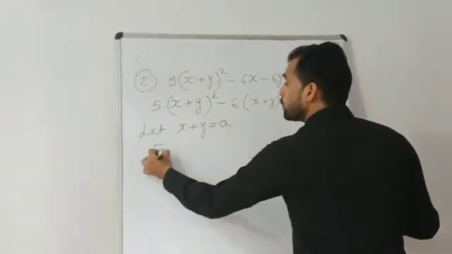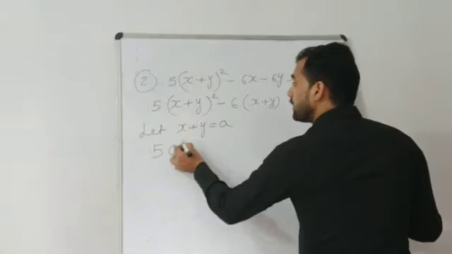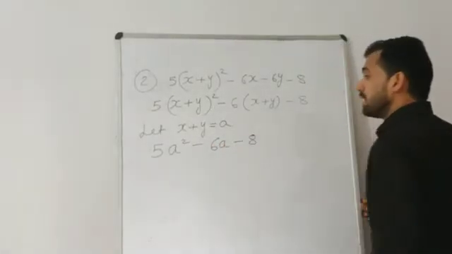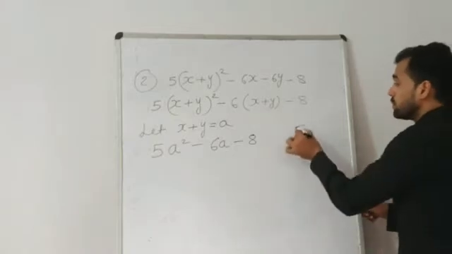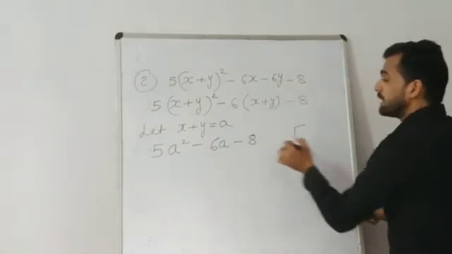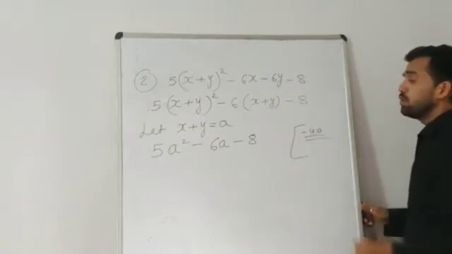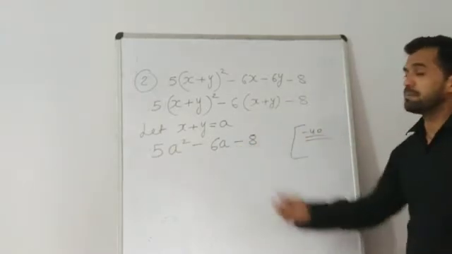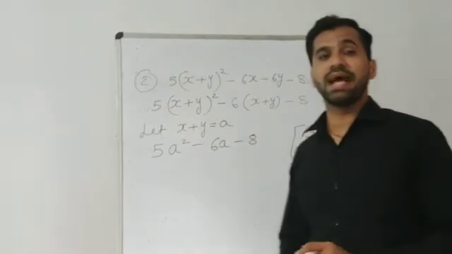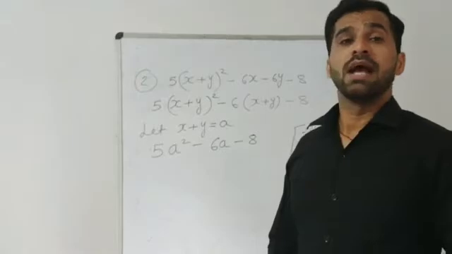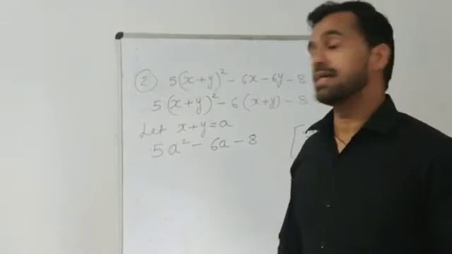So our trinomial will become 5a square minus 6a minus 8. Now this is 5, this is 8, so 5 into 8 is minus 40. So we will split minus 6a in such a way that in product we get minus 40 and in addition or subtraction we get minus 6a.